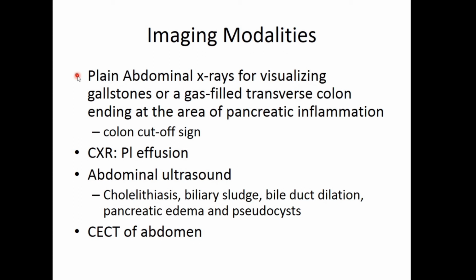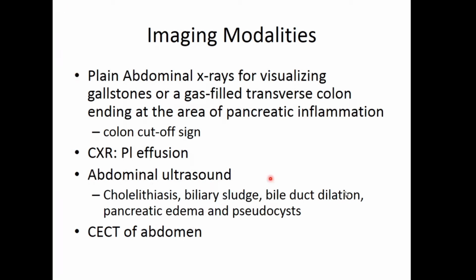So whenever your diagnosis is in doubt, you're not sure whether it is acute pancreatitis, maybe in that setting you're justified in doing a CT scan. So the best imaging modality for detection of acute pancreatitis changes in the pancreas, the best investigation is a CE-CT scan. However, the most often done investigation is usually ultrasound.